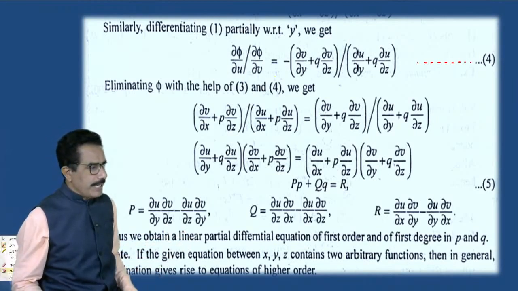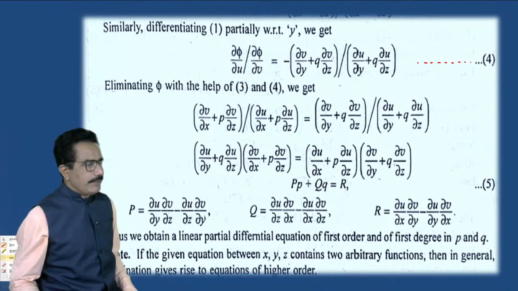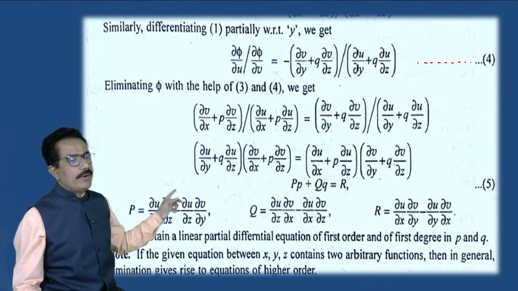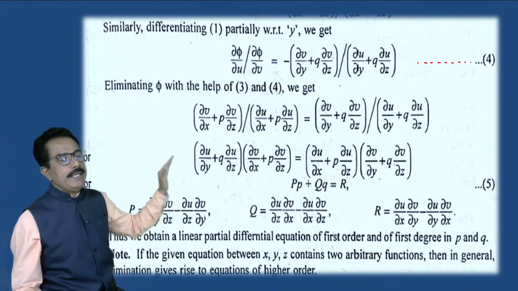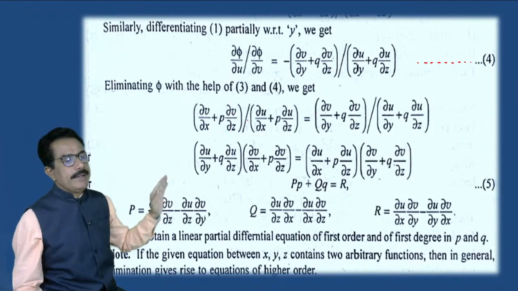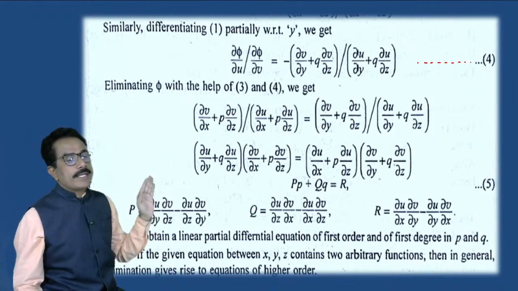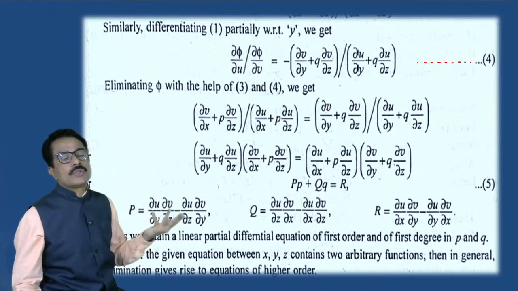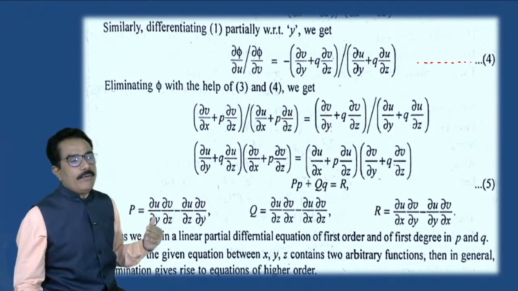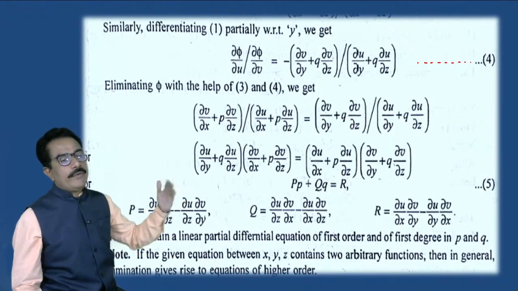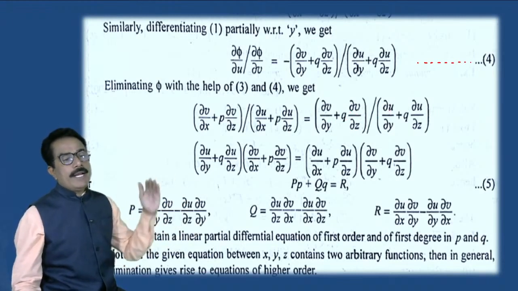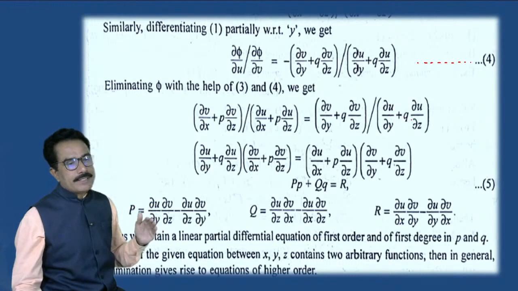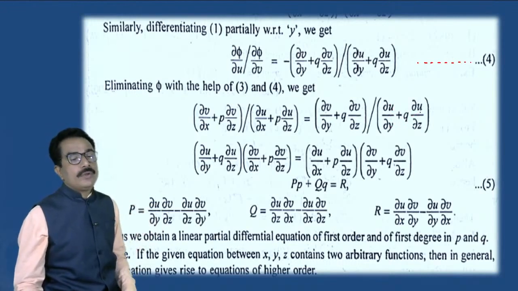So it will be (∂v/∂x + p ∂v/∂z) divided by (∂u/∂x + p ∂u/∂z), which is equals to (∂v/∂y + q ∂v/∂z) divided by (∂u/∂y + q ∂u/∂z).